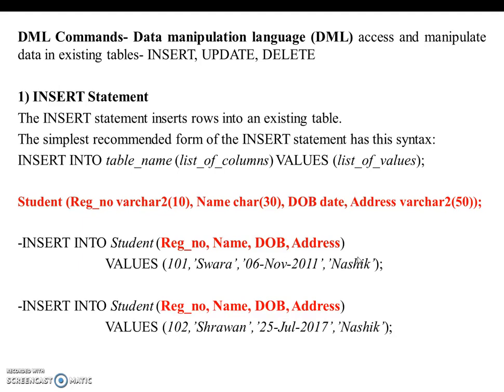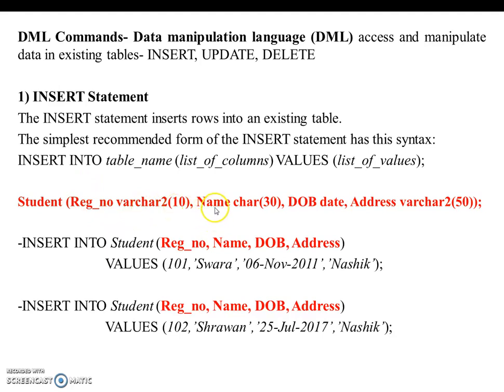As per the table available within my database, I have mentioned here the name of the table along with their data types and sizes. So student is a table available within my database, with a first column register number with data type varchar2 and size 10.